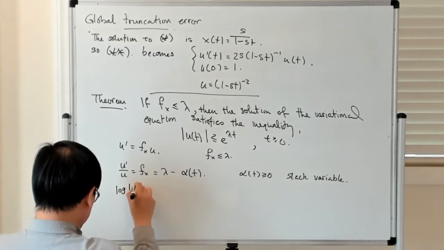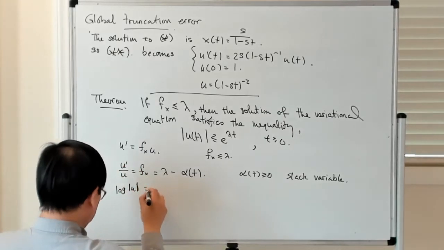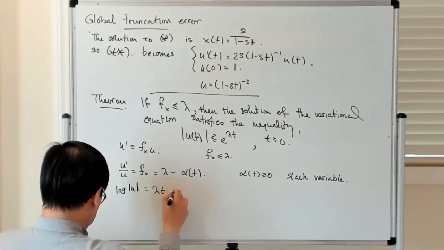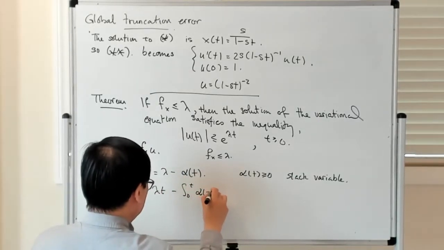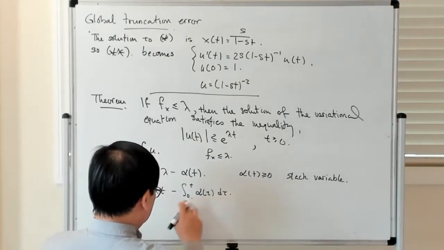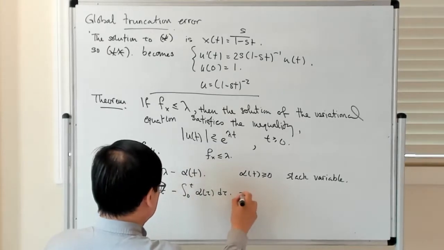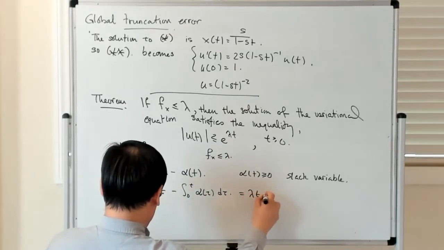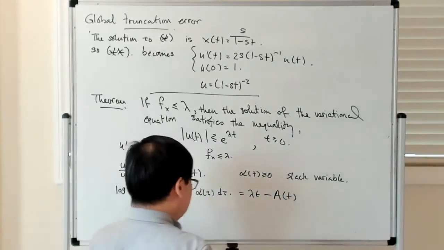So log absolute value of u is equal to lambda t minus the integral from 0 to t of alpha tau d tau, right? This is again non-negative, right? So this is equal to lambda t minus a of t, which is the integral, right?